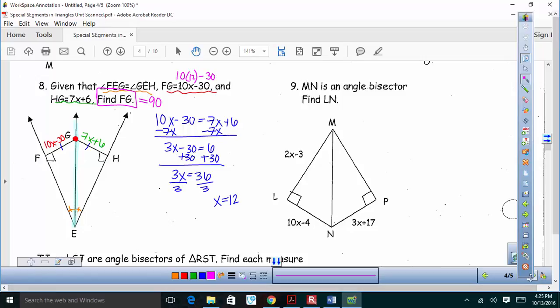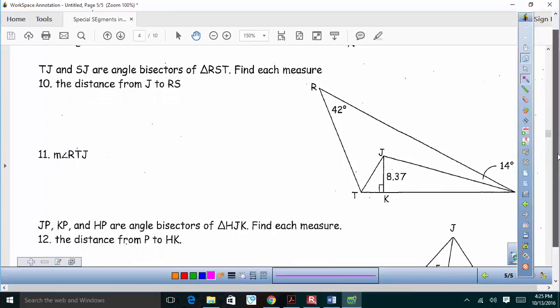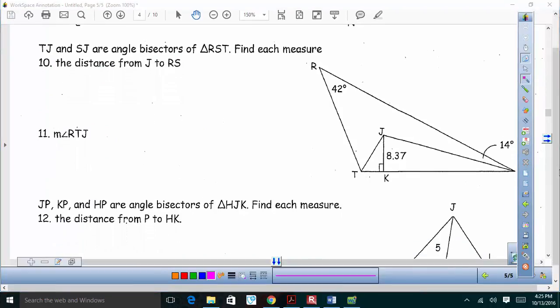Okay, the last example is going to be example number 10 and 11. The instructions tell me that TJ and SJ are angle bisectors.